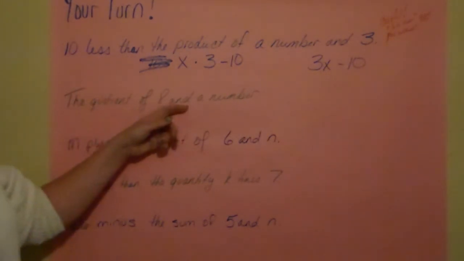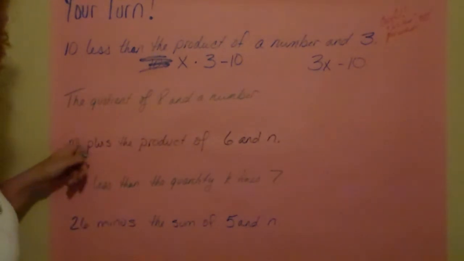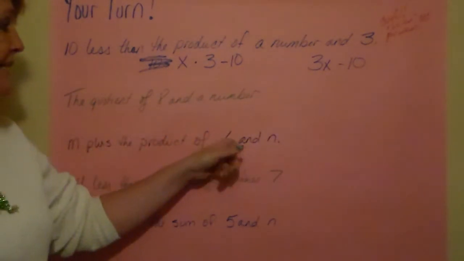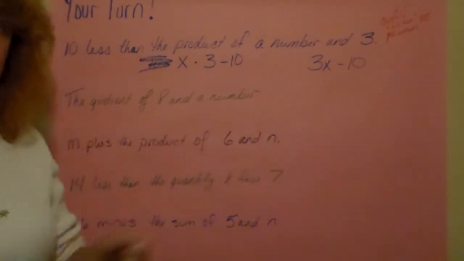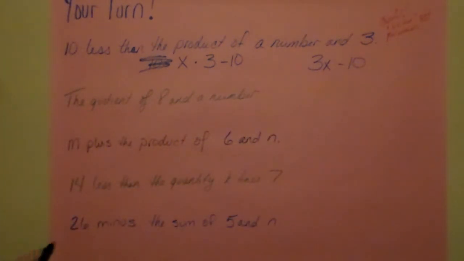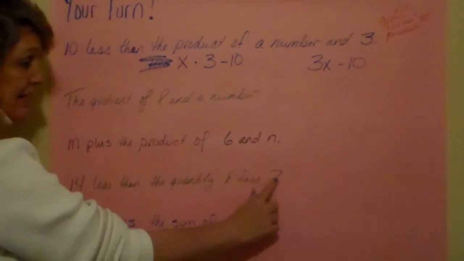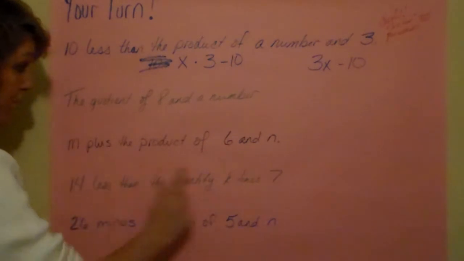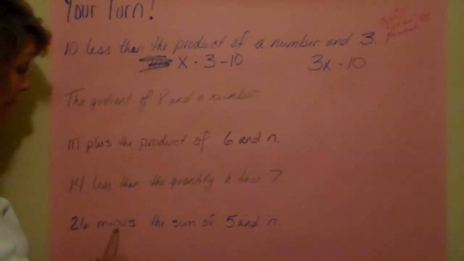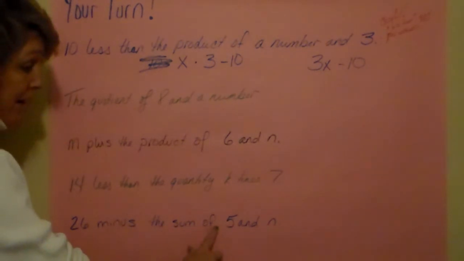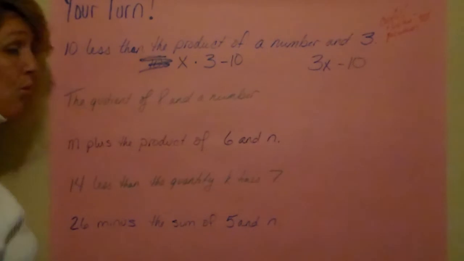The quotient of 8 and a number. Here you got 2 numbers and it tells you what to do with them. M plus the product of 6 and n. You got 3 things and you've got to figure out what order. 14 less than the quantity k times 7. 3 things, you got to figure out the order. 26 minus the sum of 5 and n. 3 things, what's your order?